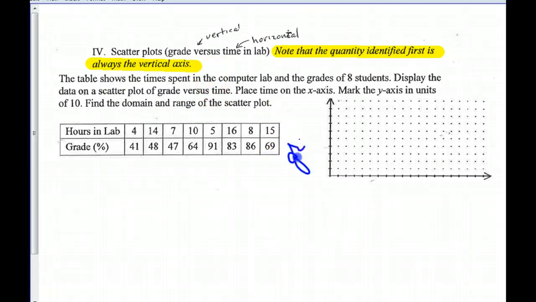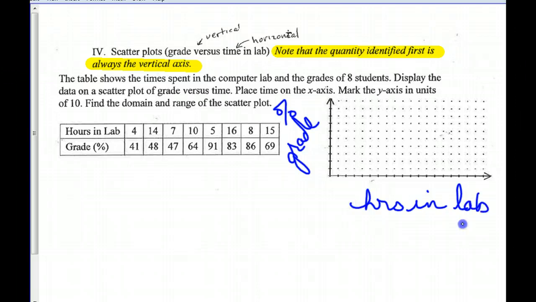Yes, so this is going to be grade, and they have it as a %. And versus time, this is going to be hours in the lab. Going this way. Does it look like we can probably count by ones going across this way? But up and down, we might have to go by what? I'm just going to label like 1, 2, 3, maybe go by tens this way. Alright, I'm not going to try to label them all.